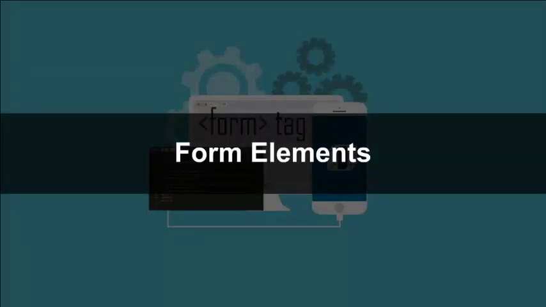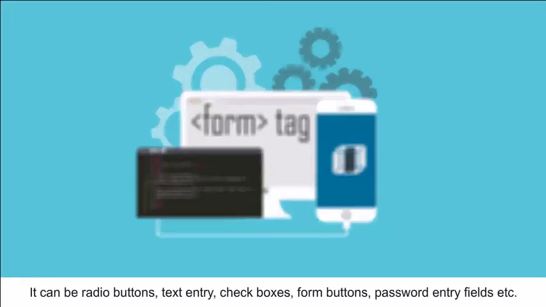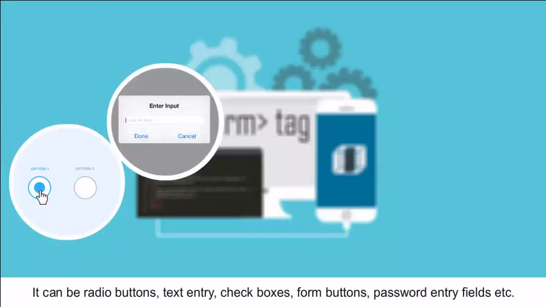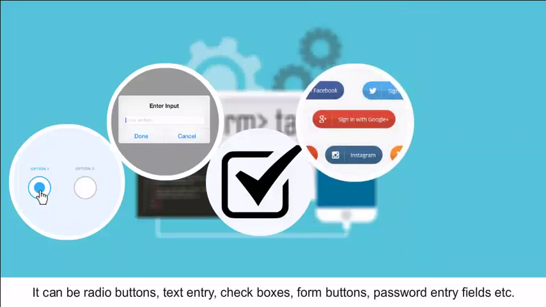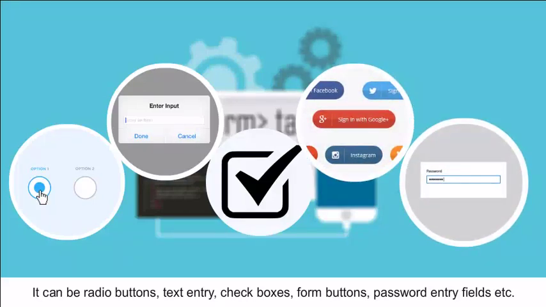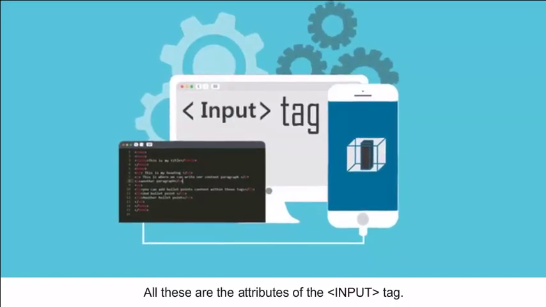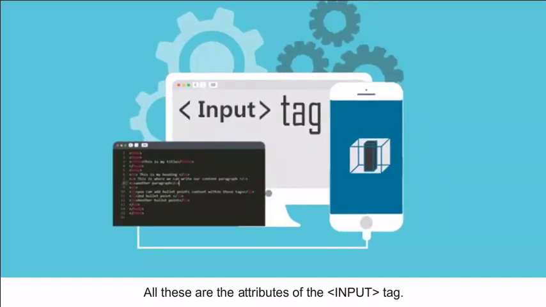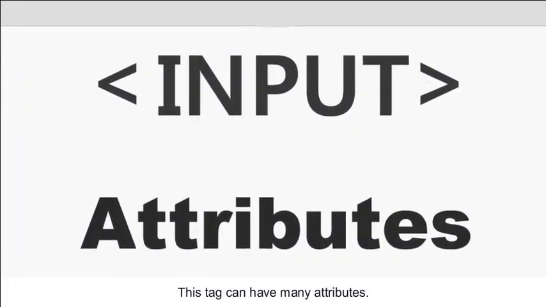Form elements. There is a format of information that is to be sent to the server. It can be radio buttons, text entry, checkboxes, form buttons, password entry fields, etc. All these are the attributes of the input tag. This tag can have many attributes.